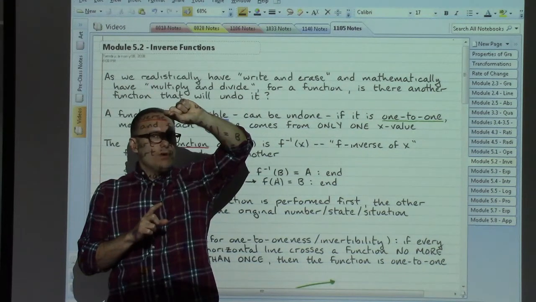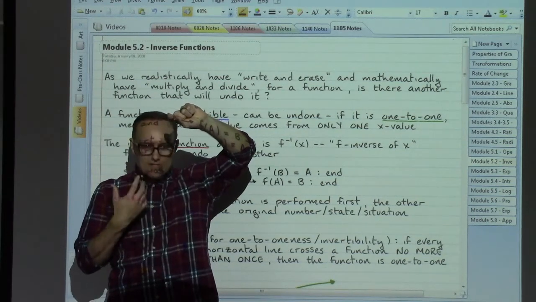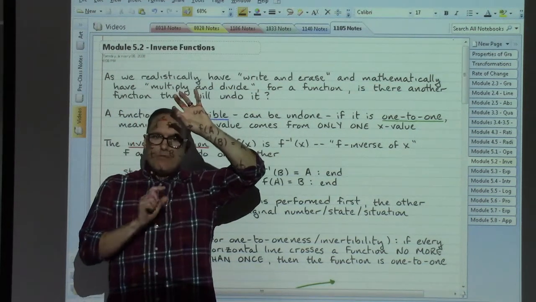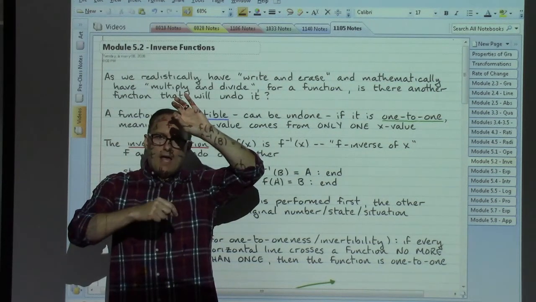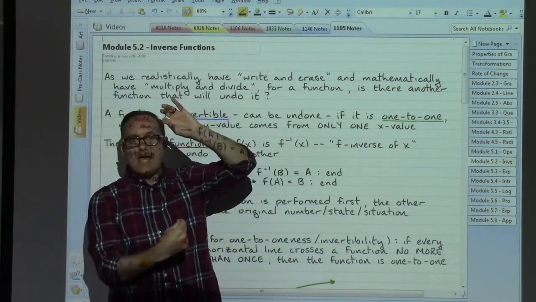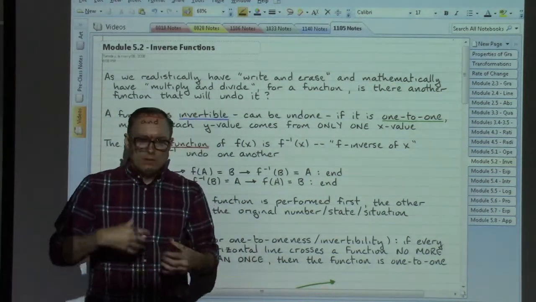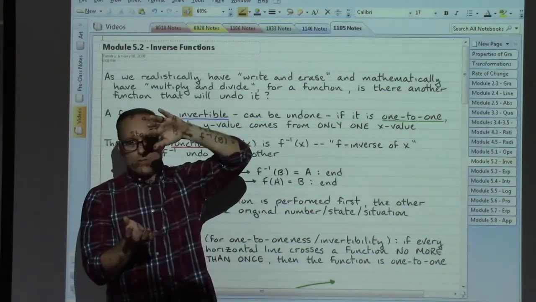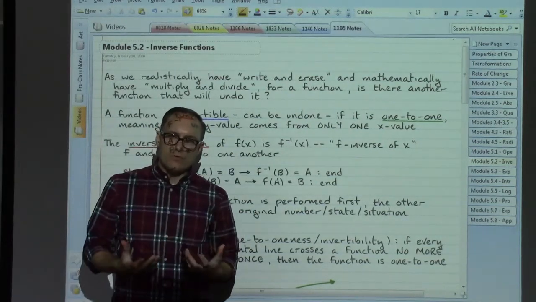But that has to work in both directions, because again, we would want things to be as versatile and useful as possible. So if we started with the number that we had down here at the bottom and applied that second function first and the first function next, do we get back around that circle? It's got to work with both of those orderings, one function and then the other. It's got to work in both of those ways.